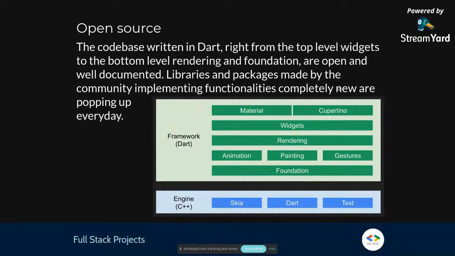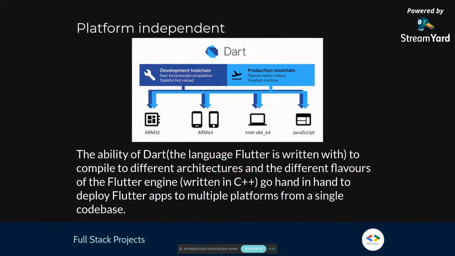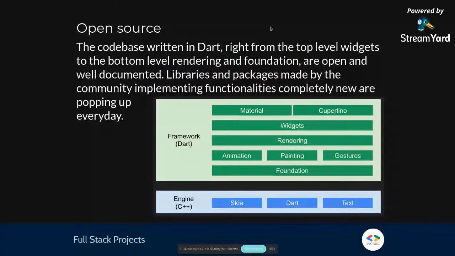Now, something in connection to the platform independence I was mentioning. This bottom part over here, as you can see, is the engine that Flutter uses to render your apps. So in the case of mobile, that is on Android and iOS, this part is the Dart VM, right? So over here, the Flutter engine, which is in C++, is backed by the Dart VM.